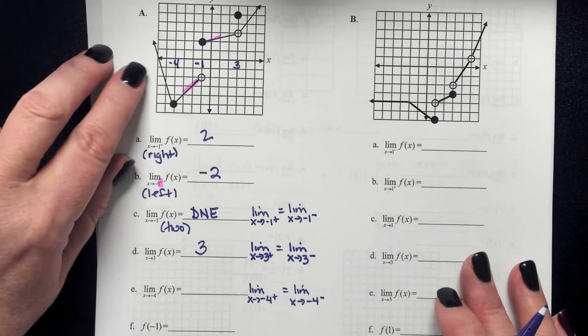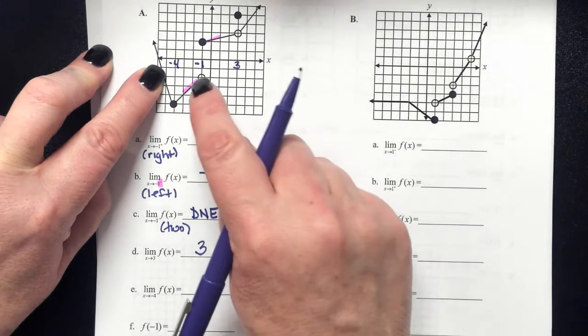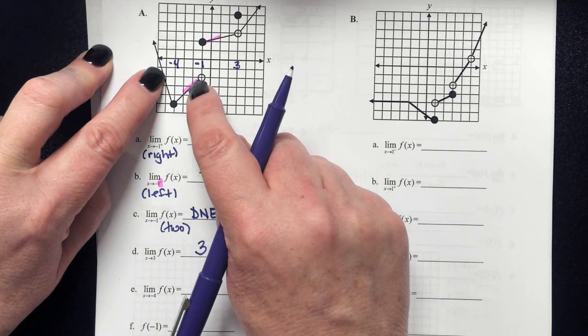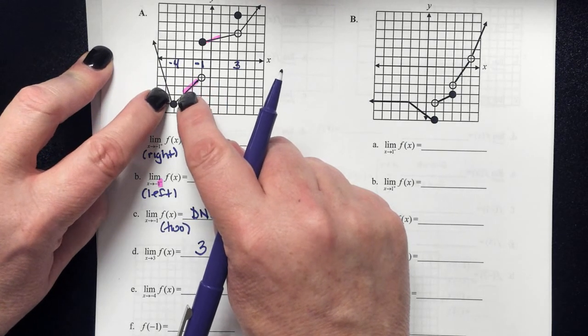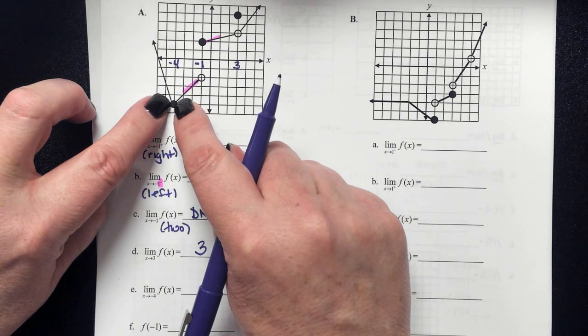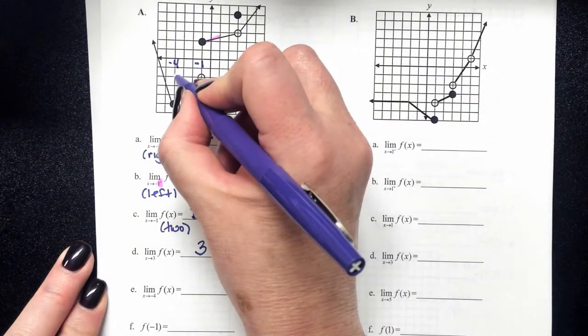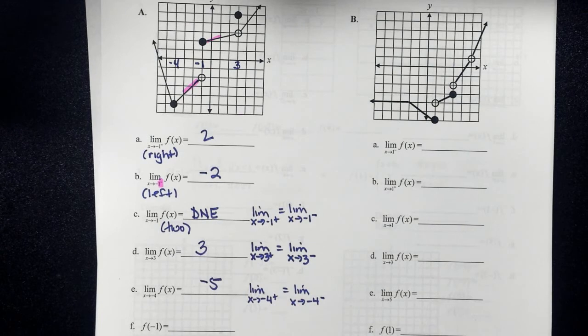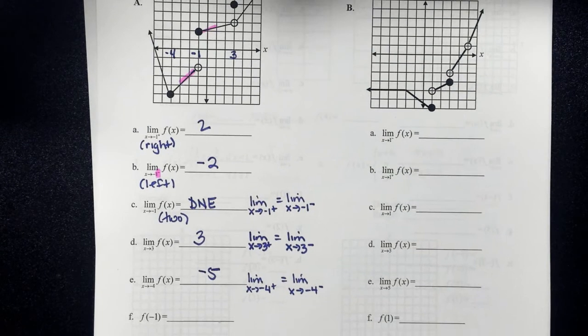I'm going to take my finger and go to the left of negative 4, then go to the right of negative 4. I'm going to trace my graph and see what happens as my fingers start to meet. What y value am I getting really close to? Negative 5. Okay? Any questions on that one?